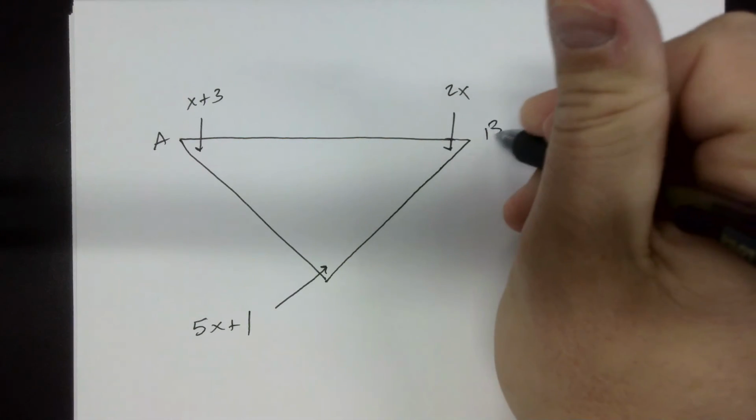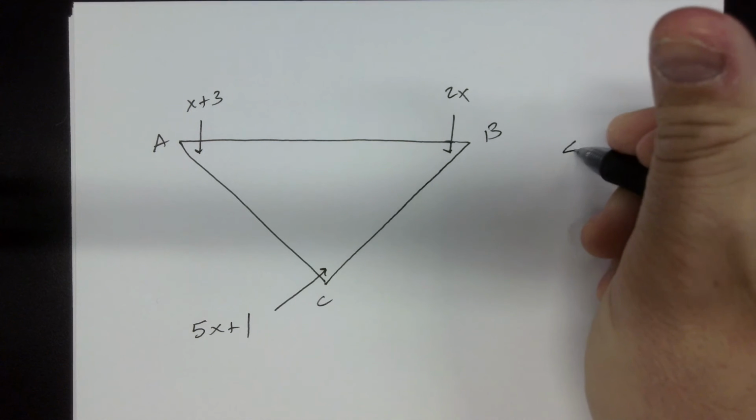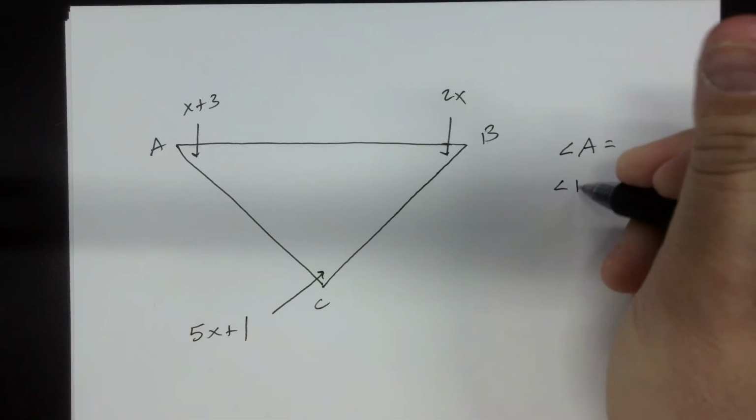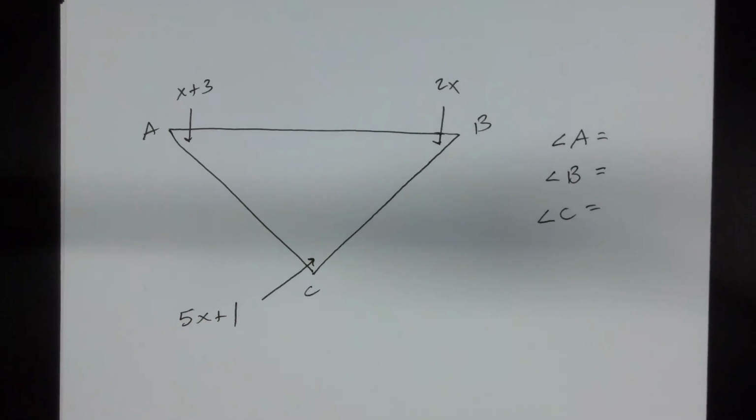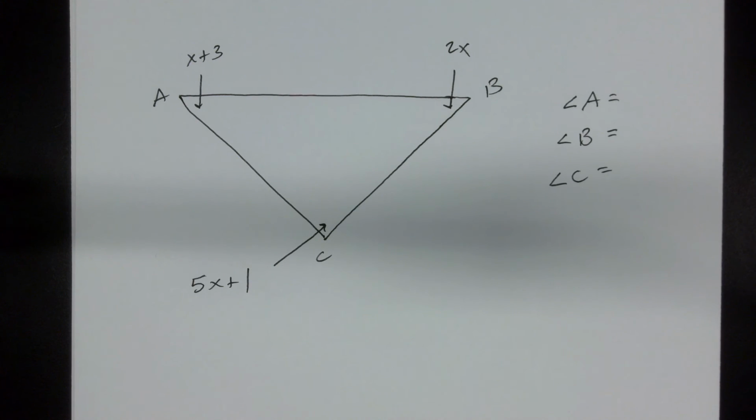And they want angle, this is A, B, and C. They want angle A, angle B, and angle C. Alright, so looking at this problem right here, we know a couple things that we've learned today. One, all the angles inside of a triangle add up to be 180. So Derek, how do I do this? You add them all together instead of using 180.